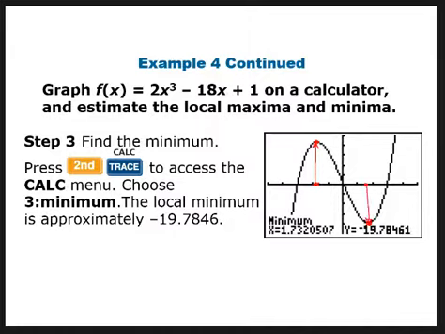You can see how they zero in on this down here. The 1.7 for the x gives me the negative 19.7 that happens to be my local minimum in this case.